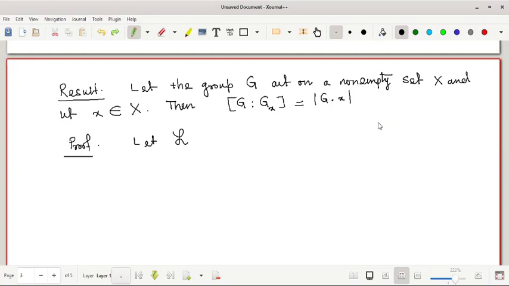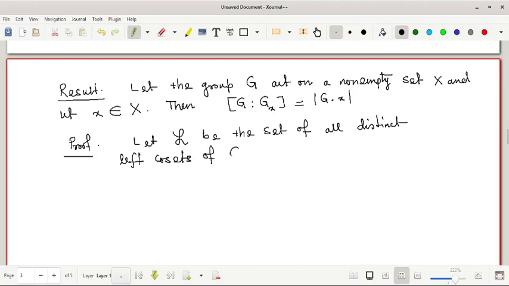Fine. So let script L be the set of all distinct left cosets of Gx in G. Okay.